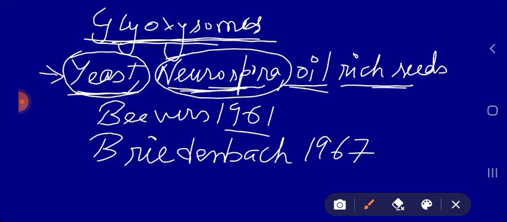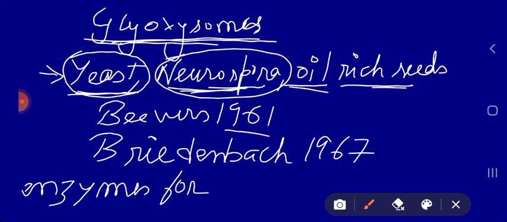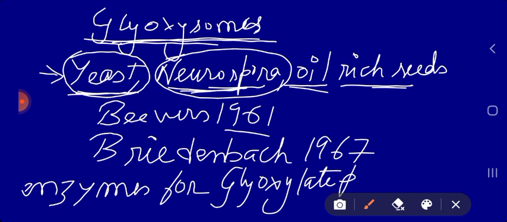So these glyoxysomes mainly contain the enzymes that are dedicated to the glyoxylate pathway, right?